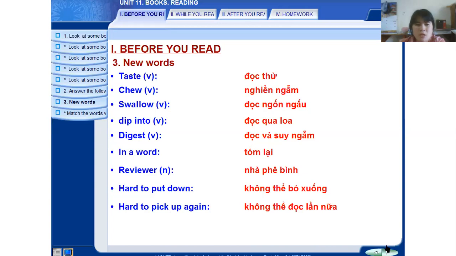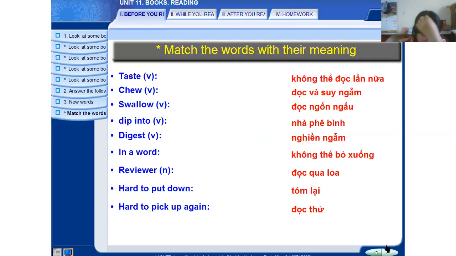To check whether you can remember the meaning of these words, you do the exercise.